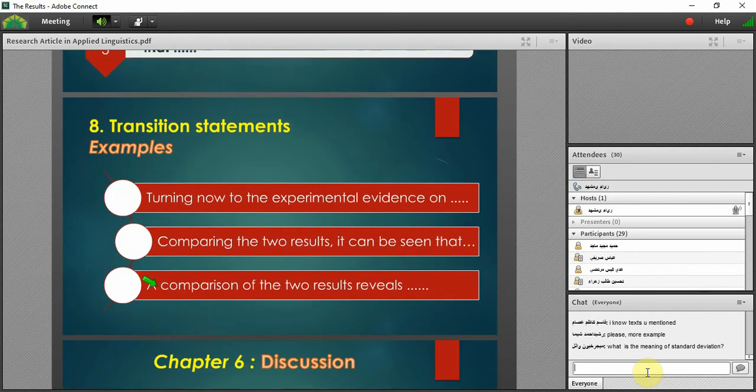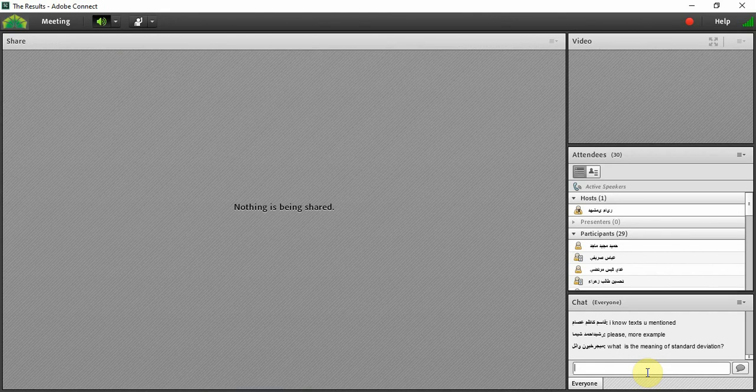Let me show you some examples from my own publications, okay? Give me a second, please. Well, a standard deviation is the degree of the differences between the mean scores of the participants in a particular test.